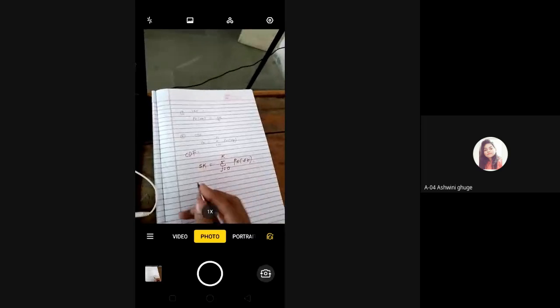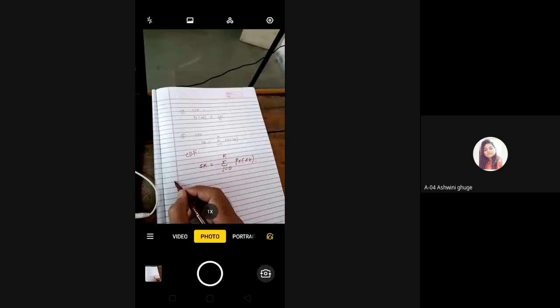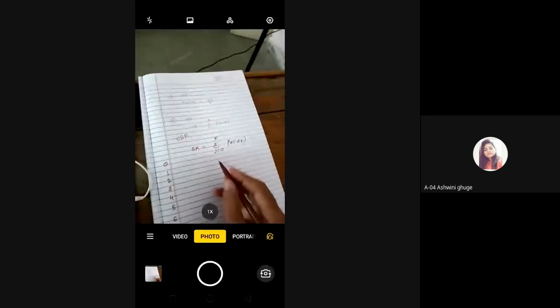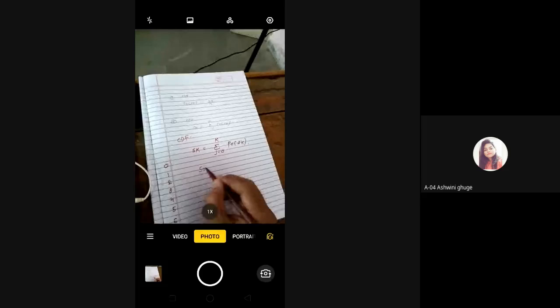The gray levels, from where to where are they? So the gray level can be located from 1 to 7. So 1, 2, 3, 4, 5, 6, and 7. Right? So we have to calculate S0, S1, S2, S3, S4 up to S7.